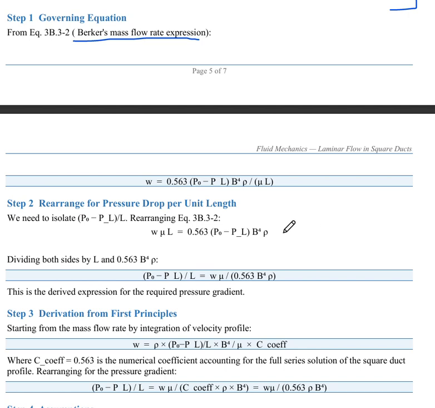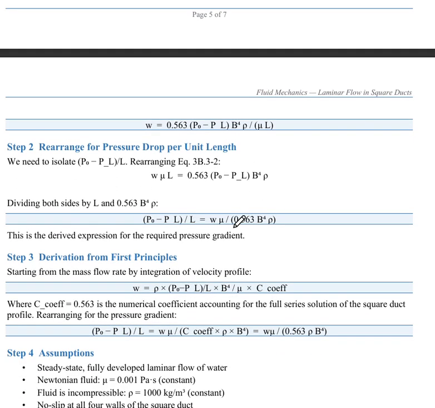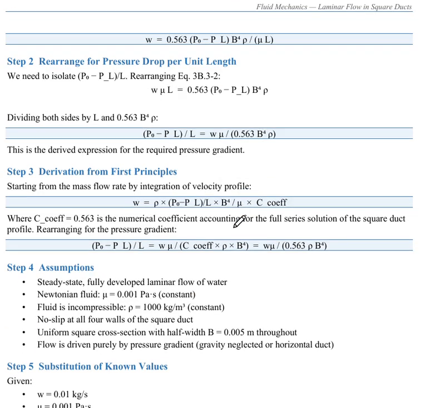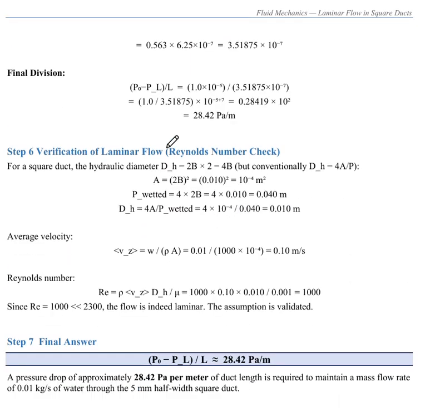Key concept for this problem is that the formula is rearranged to solve for the pressure drop per unit length. Validation for this problem is that it crucially includes a Reynolds number check. As we go further in this problem, we'll see this Reynolds number check for the verification of laminar flow.